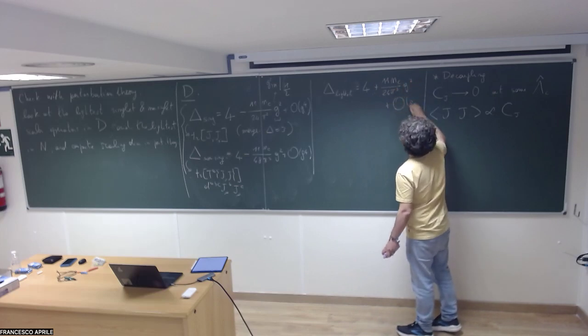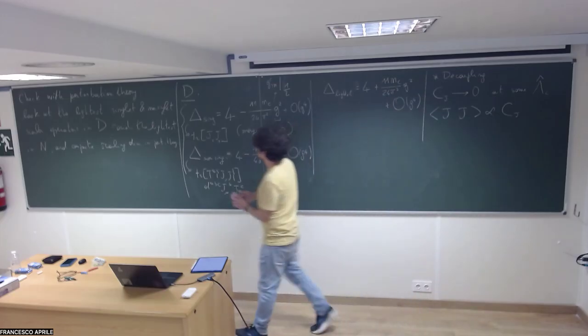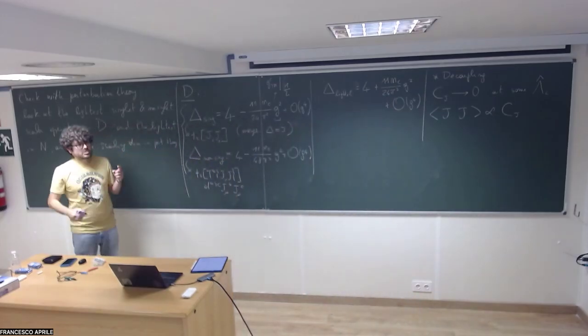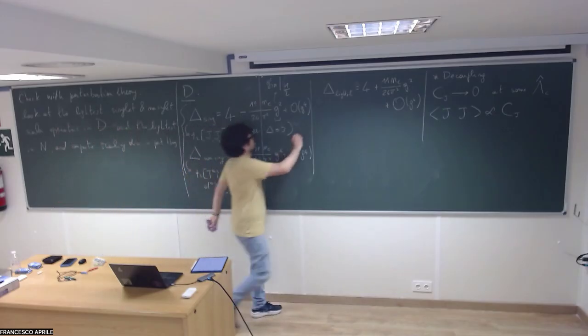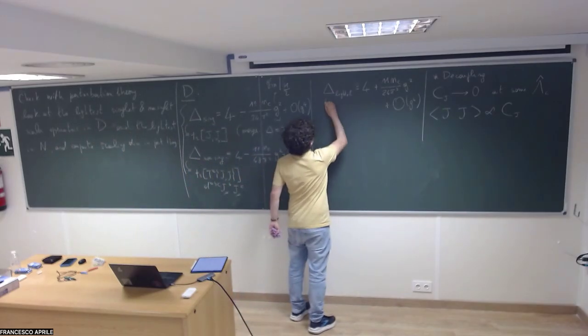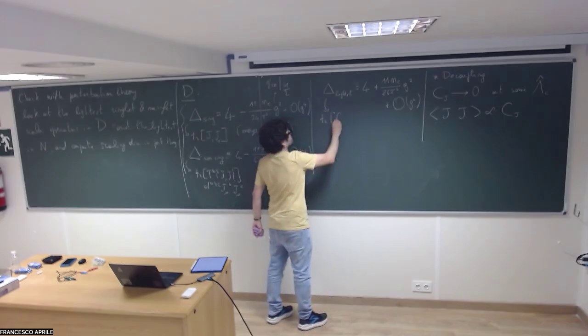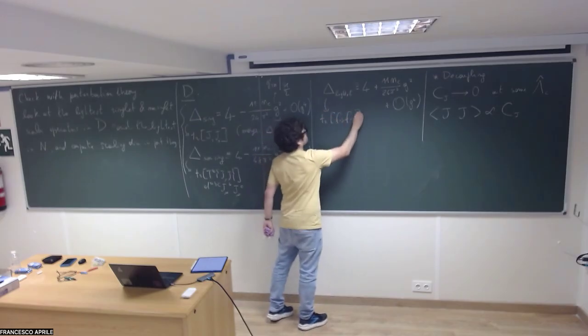Okay. So in this case, the energy of this state starts increasing. Okay. And the operator here is trace F_ij F^ij.